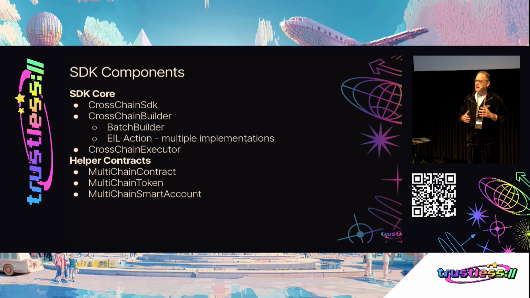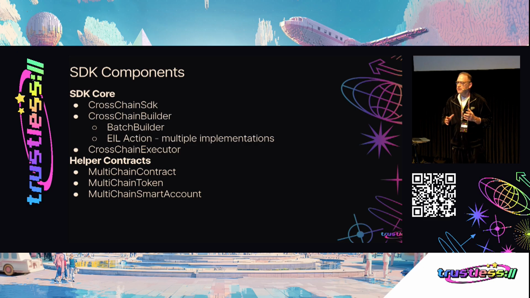So you first build all the user operations out of these batches, which requires checking that there are providers, checking the balances across the chains, and then you hand the output to what we call the executor.